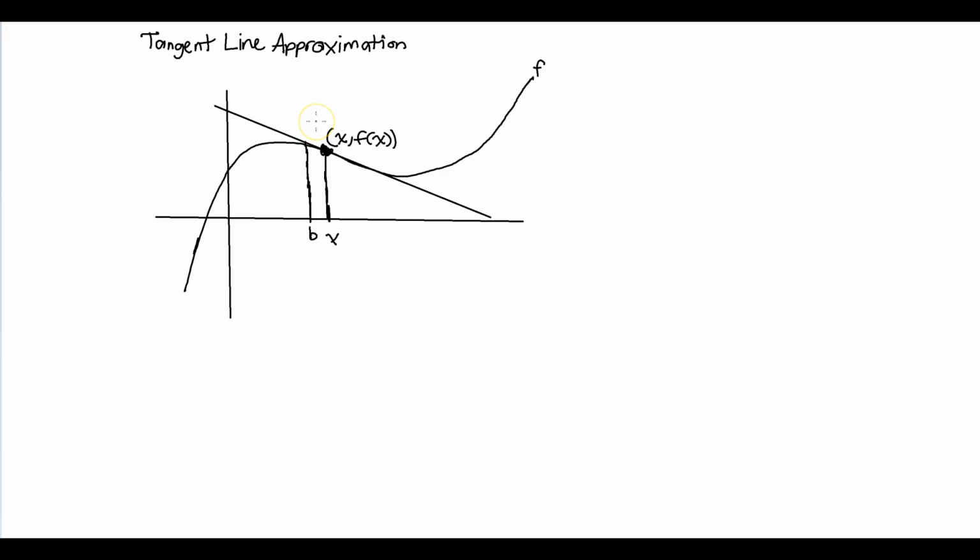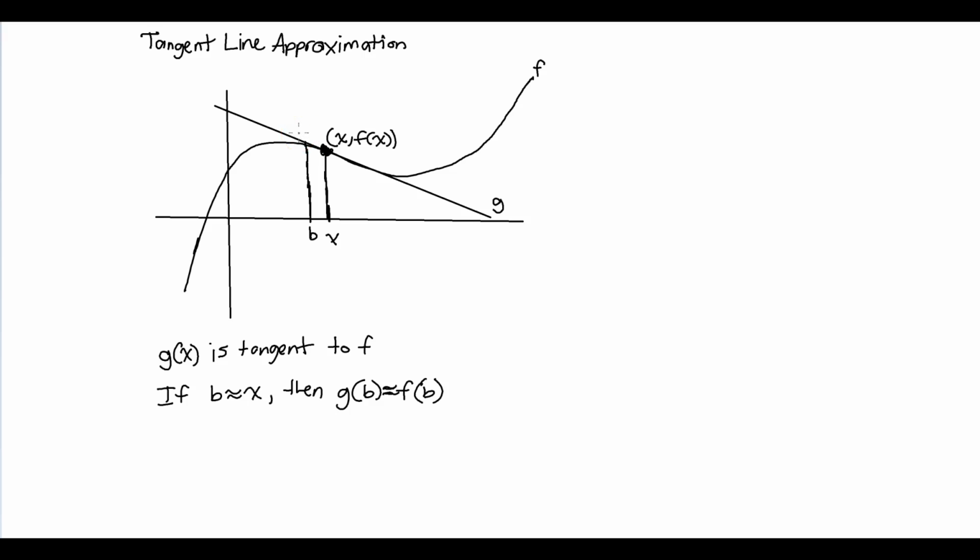If this line is, let's say g, so g of x is tangent to f, then if b is close to x, so b is approximately equal to x, then g of b does not equal f of b, but is a good approximation for f of b.